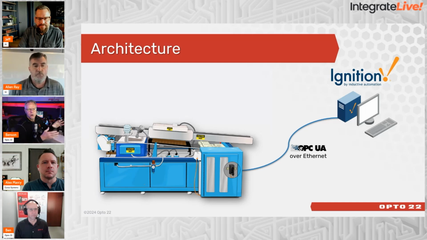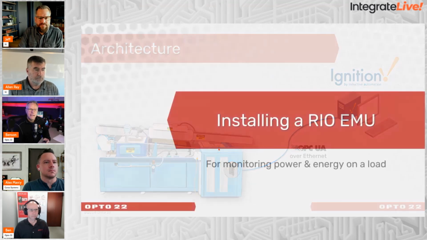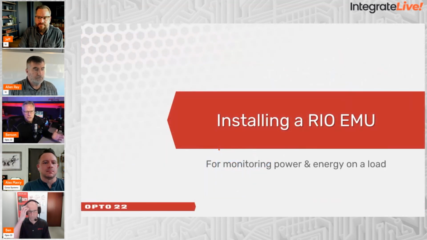And in this case, I'll be running Ignition on the PC that I'm actually presenting from right now. So I've just downloaded and installed the Ignition software from Inductive Automation. Super simple, 3-minute install and you're up and running. So this is a fresh installed Ignition, a fresh out of the box EMU. And then, of course, what we want to talk about next is how did we install this EMU?